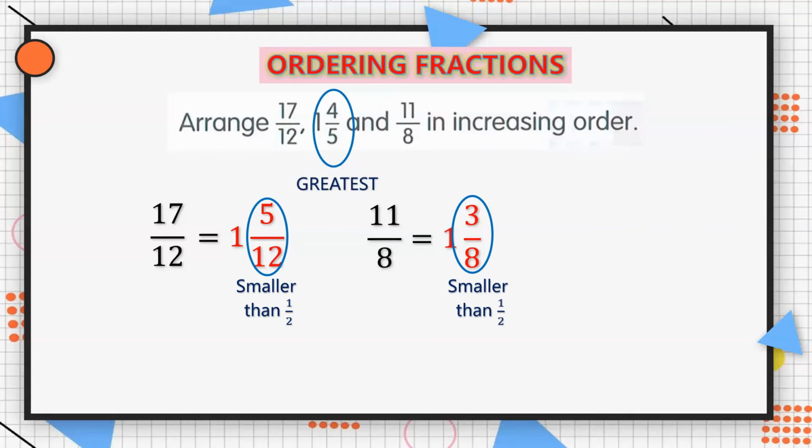Now let's compare 5 over 12 and 3 over 8. Again, using the butterfly method, 5 times 8 is equal to 40.